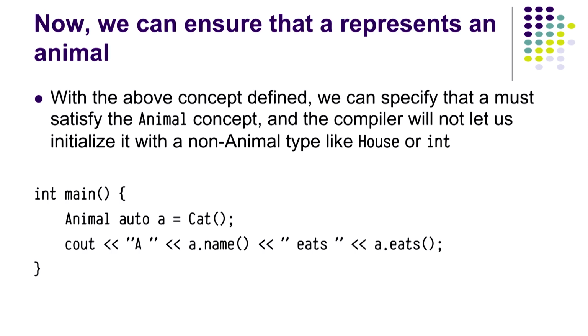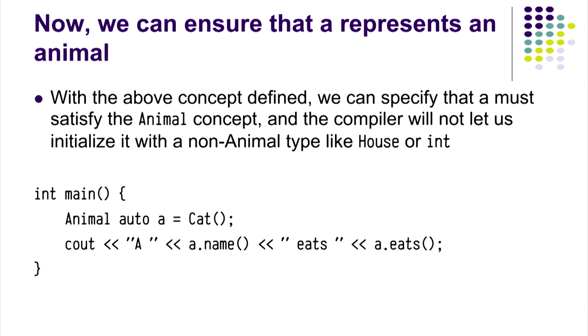So now we can ensure that a represents an animal and is not a house or an int, because I modify my code now to say animal auto a = cat, and that will only do the auto inference if the type satisfies the animal concept.